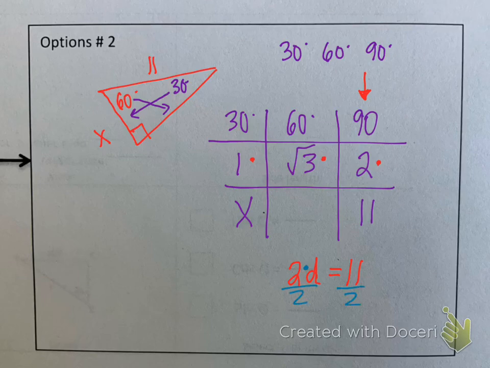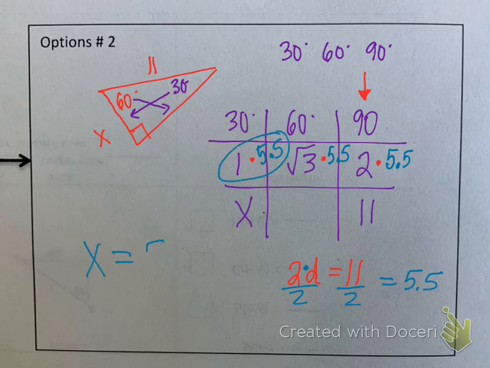And if you turn this to a decimal, 11 divided by 2 is 5.5. That's exactly the same answer that we got for the trig ratios using a different process. So we're multiplying all original side lengths by 5.5. And if you look, x is just 1 times the scale factor. So that would be 5.5. The exact same answer using the trig ratios.